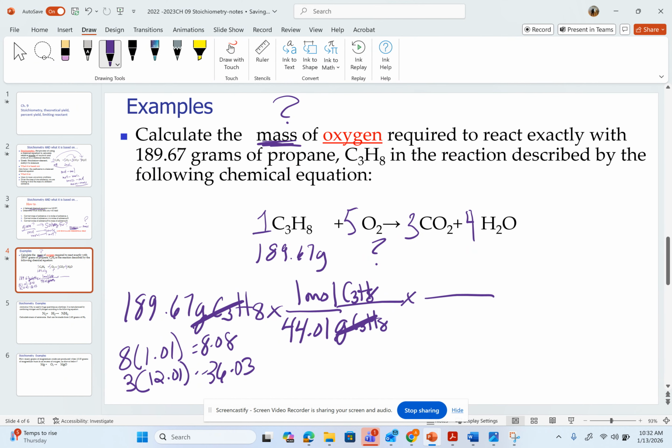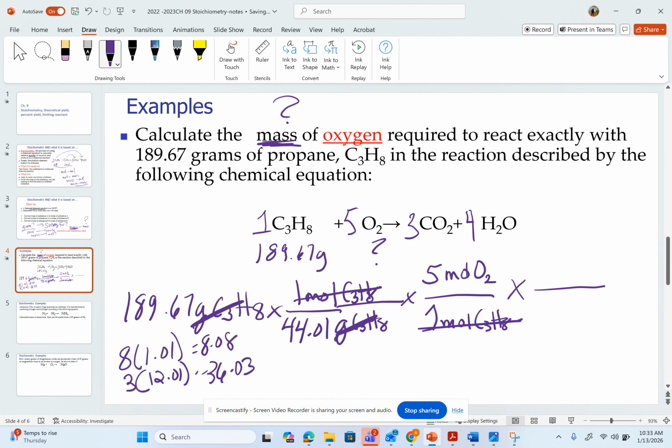So I'm going to pretend there's a 1 right here. 1 mole of propane equals 5 moles of O2. So I'm using my mole ratio right up here in the middle of my equation so I can switch substances. So now my moles of propane are gone and I'm sitting at moles of oxygen.